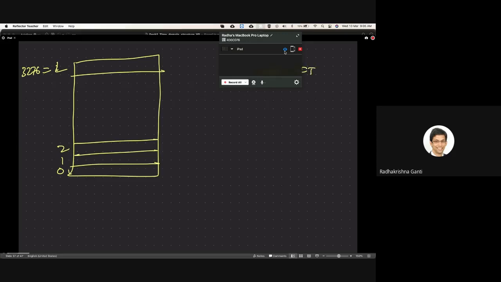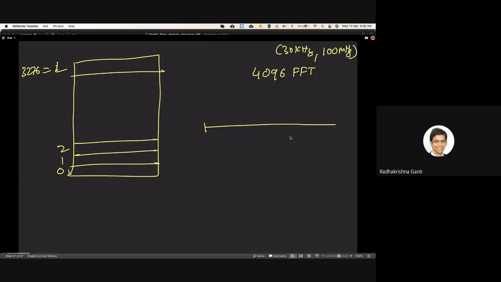Let's take the example of 30 kilohertz SCS and 100 megahertz bandwidth. So what is the input to the 4096 IFFT? 4096 complex numbers, and you take an IFFT and you get 4096 outputs. The question is, how do we map this grid to this 4096?